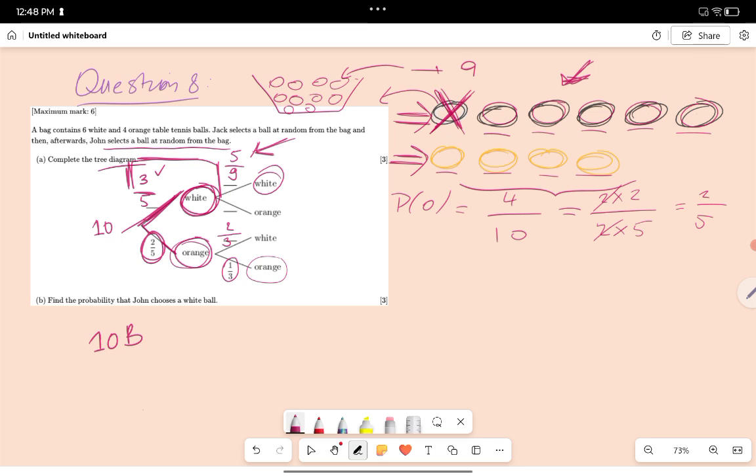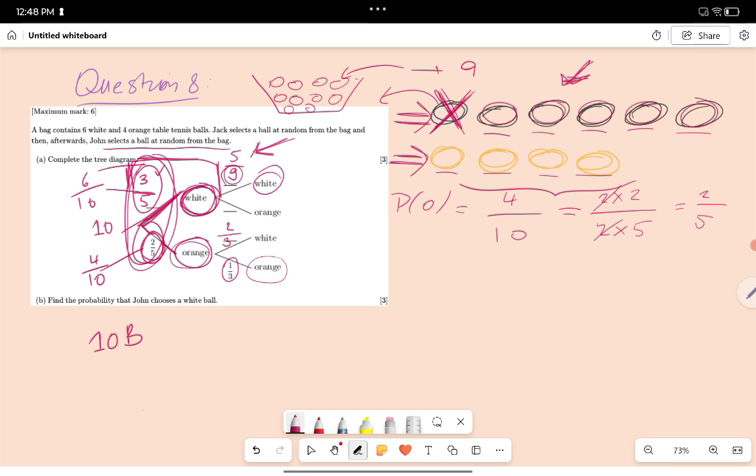At first, when we are looking here, this was 4 over 10, and this is 6 over 10, because we had 10 balls at first. But then we take one and we don't put it back. So that is the crucial thing here, guys: now we are not dividing by 10, but by 9. So be careful here with taking those probabilities.